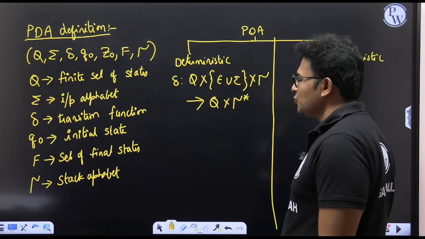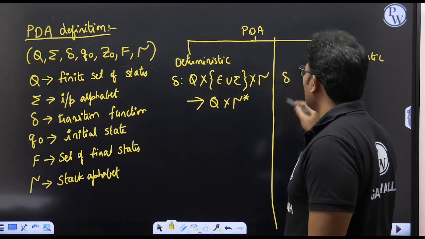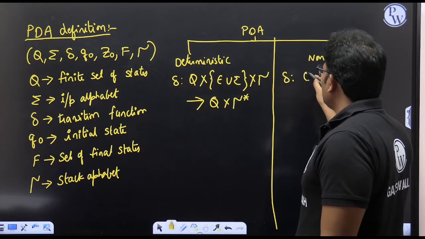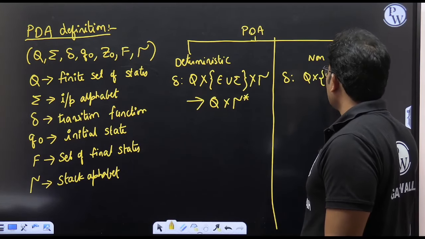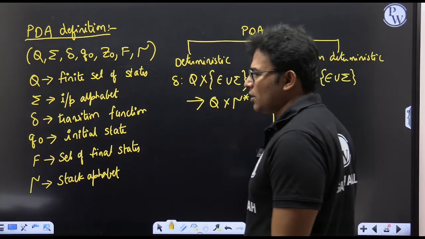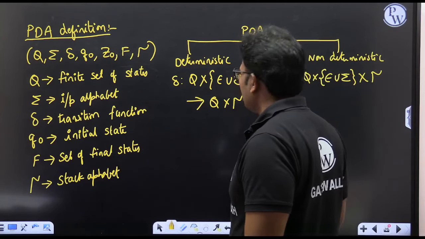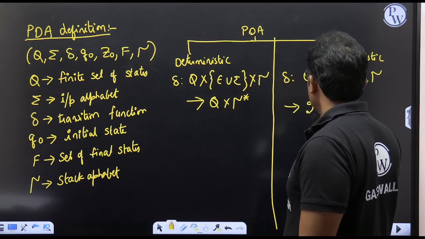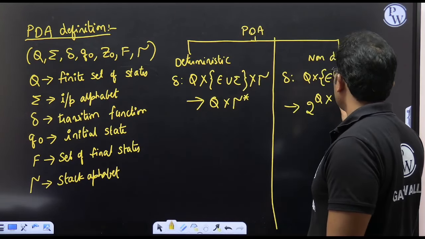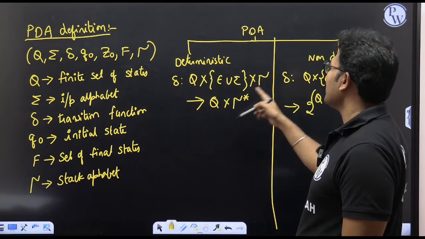Coming to non-deterministic pushdown automata, delta is Q cross sigma union epsilon cross tau. This gives us the option to go to any number of states, 2 power Q, and then we can push anything on the top of the stack. So this is exactly the same as DFA and NFA.